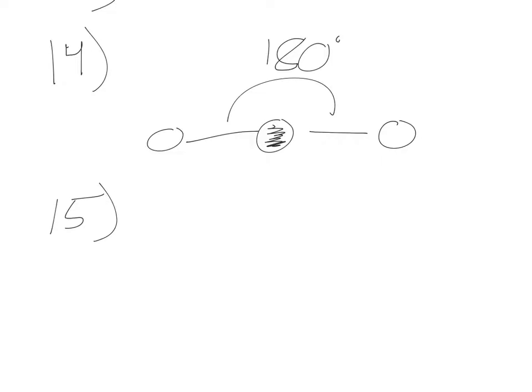Number 15, suppose a molecule contained 4 identical bonds around the center atom, and all 4 of those bonds were polar. What would the angle between any of the 4 bonds need to be for the molecule to be considered nonpolar? Assume no lone pairs. Well, again, they would have to be completely symmetrical. And a molecule with 4 bonds that is completely symmetrical looks like this one, with the wedge and the reverse wedge.